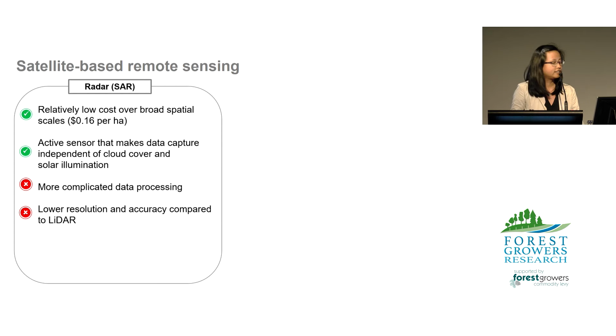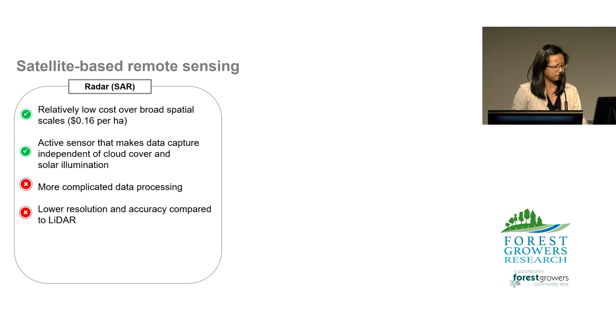It is relatively low cost, which is very important, and data can be gathered through a broad spatial scale. It is an active sensor that operates in the microwave region. This means that data capture is available even during cloudy season and during nighttime or daytime, so it is independent of solar illumination and cloud.